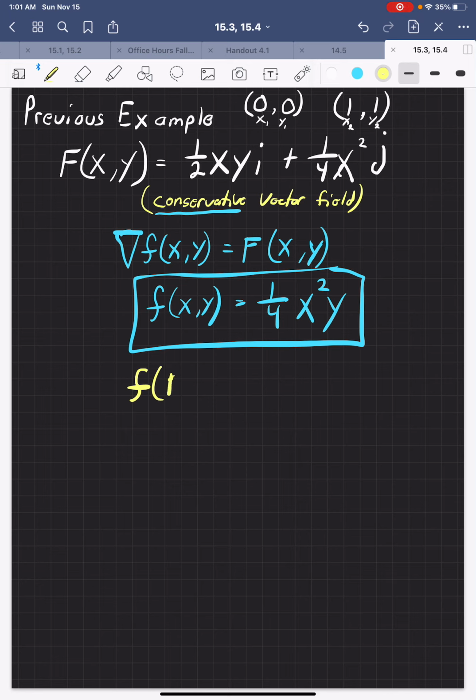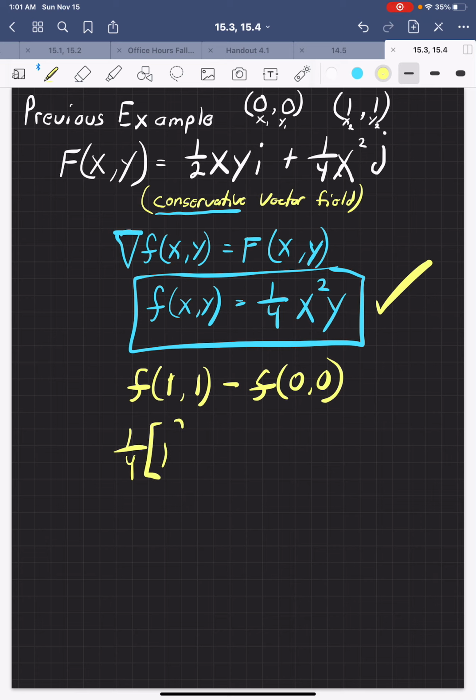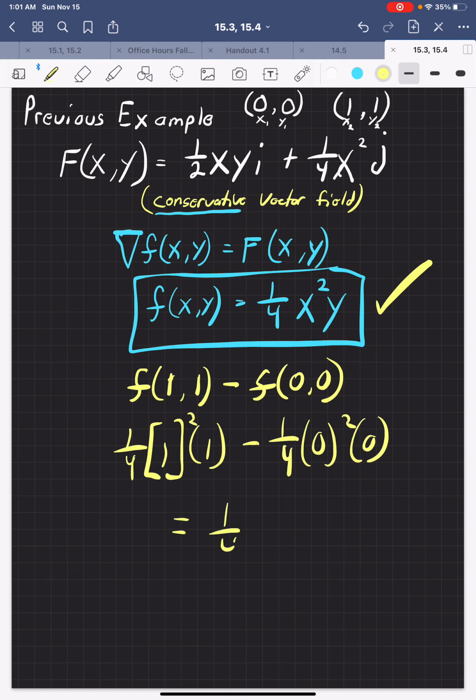What if you take f of the second point minus f of the first point? Here's that potential function for that conservative vector field. Point 2 minus point 1, so f of 1, 1 minus f of 0, 0. Well, that's 1/4 times 1 squared times 1 minus 1/4 times 0 squared times 0, which is just 1/4.